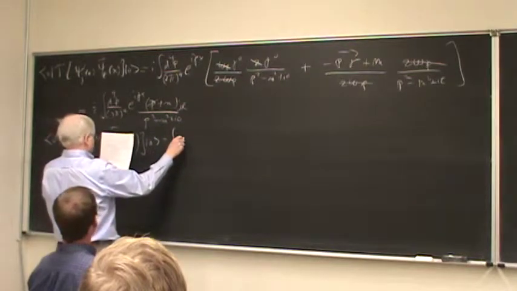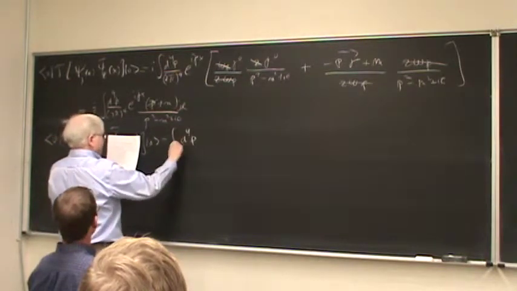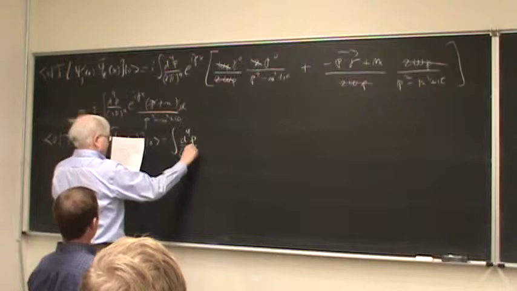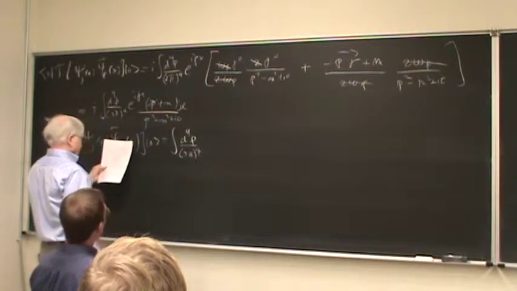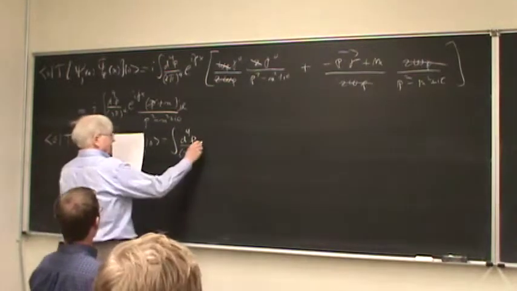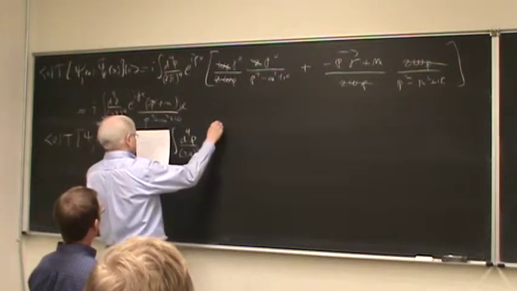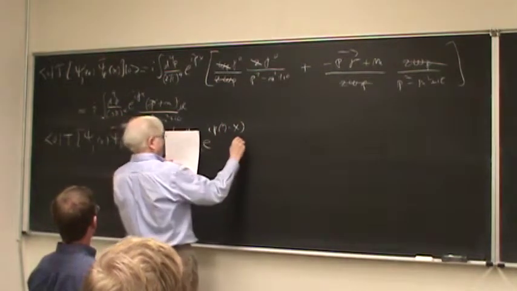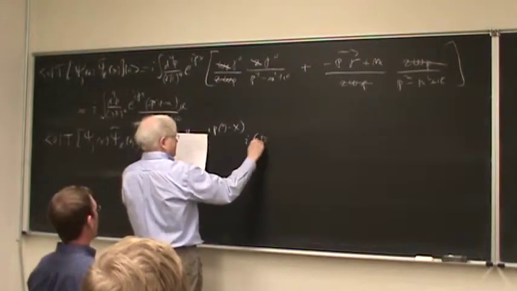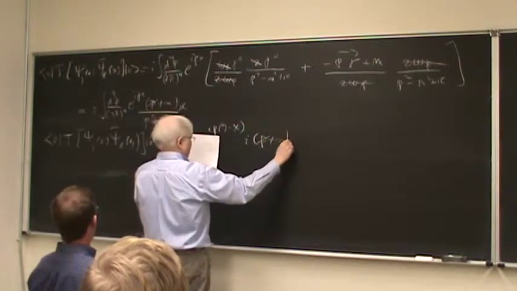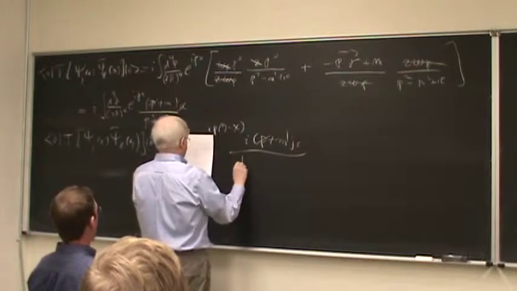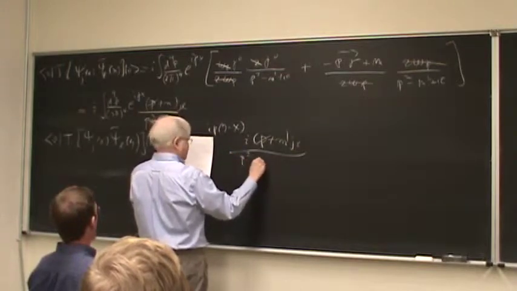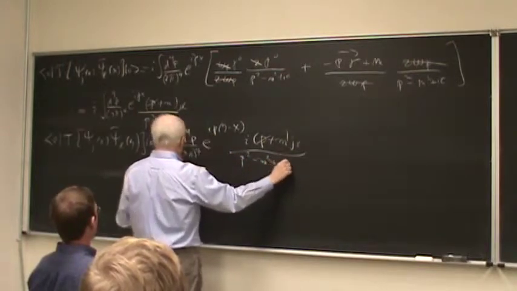And you wind up with d fourth p over 2 pi to the fourth e to the I p y minus x I p slash plus m JL over p squared minus m squared plus I epsilon.